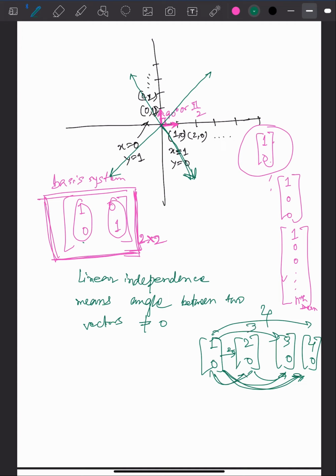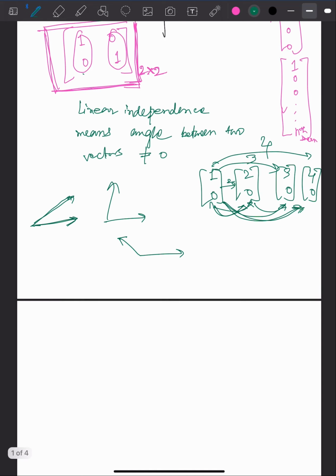So all these vectors are the same and they are linearly dependent, and these vectors cannot be basis vectors. To be basis vectors, the angle can be any but not 0. So here the basis vectors are 10 and 01.